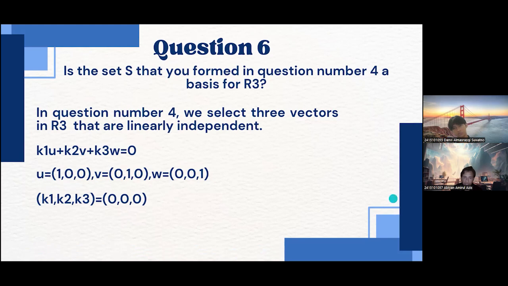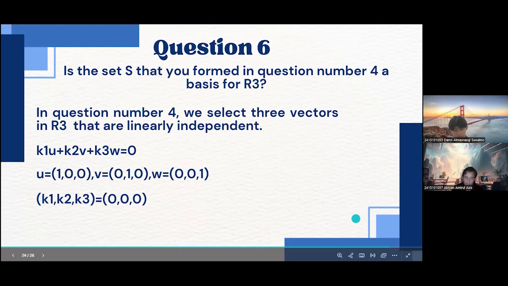And now we come to question number 6. Is the set S that you formed in question number 4 a basis of R3? In question number 4, we proved that the three vectors in R3 are linearly independent. k1U plus k2V plus k3W is equal to 0, where U is equal to 1, 0, 0, V is 0, 1, 0, and W is 0, 0, 1.